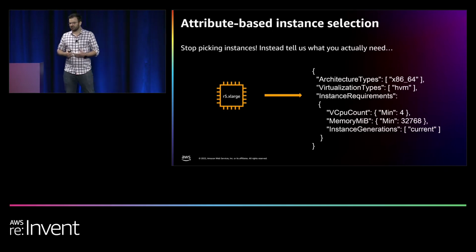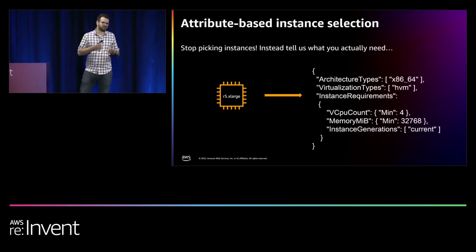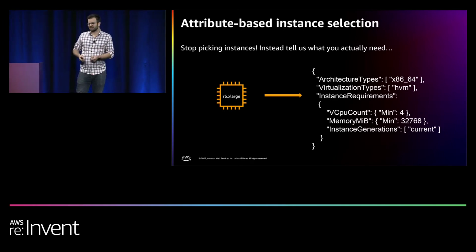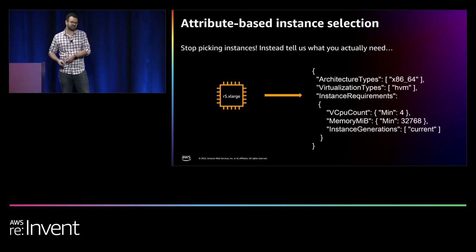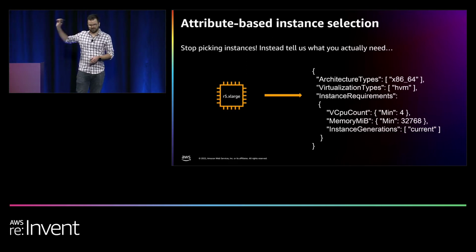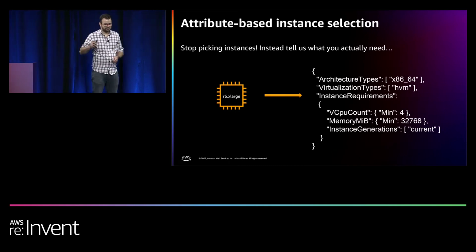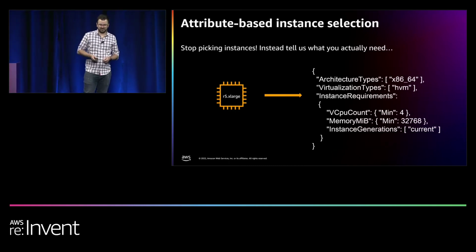But I think that it's one of the most powerful tools we have to shift from a server focus, an instance focus, to an application focus. Instead of you trying to hunt through all of our spec sheets and marketing pages and third-party websites that do a better job than we do at listing out our instance config, just think about what your app needs.